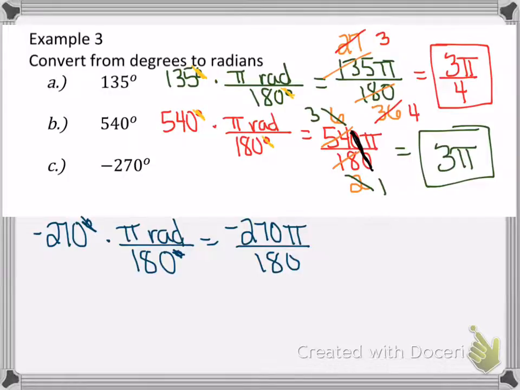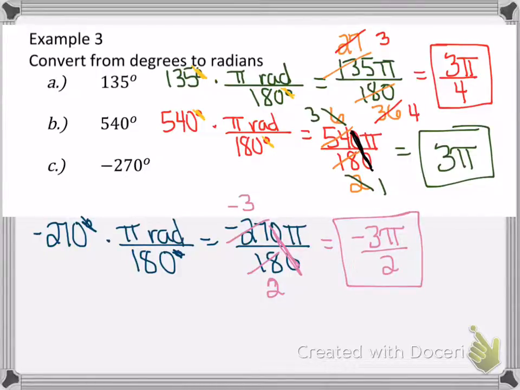Again, they're both divisible by 10, so the zeros go away. Then we see, hopefully, that they're both divisible by 9. Negative 27 divided by 9 is negative 3, and 18 divided by 9 is 2. So then I get negative 3 pi over 2.